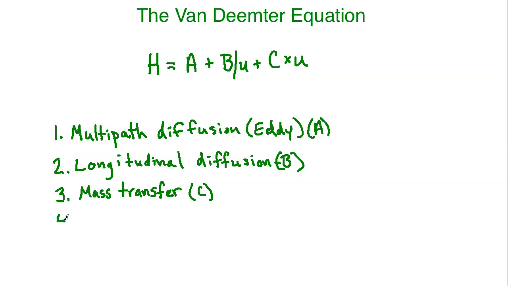Okay, and then number 4, which is the last one, this is U on the list there, and that is going to be what we would best refer to as the linear flow rate. Okay, so one of the big terms that we always talk about in HPLC is flow rate, and that is referring to, okay, how quickly are we pumping the mobile phase through the stationary phase, at what rate?